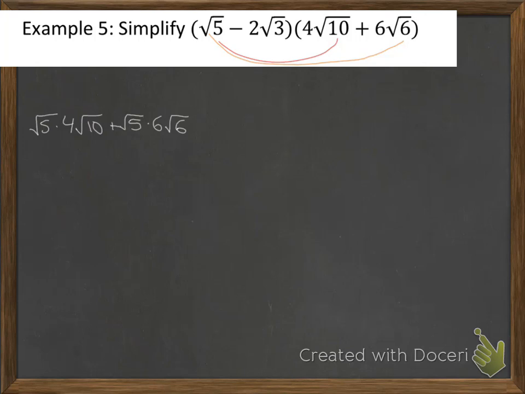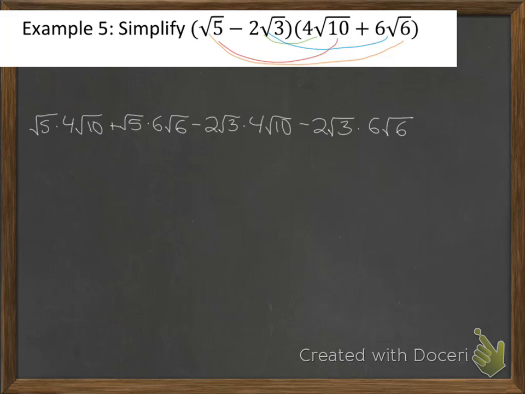Then we have our inner terms: negative 2 square roots of 3 times 4 square roots of 10. And then our last terms are negative 2 square roots of 3 times 6 times the square root of 6.